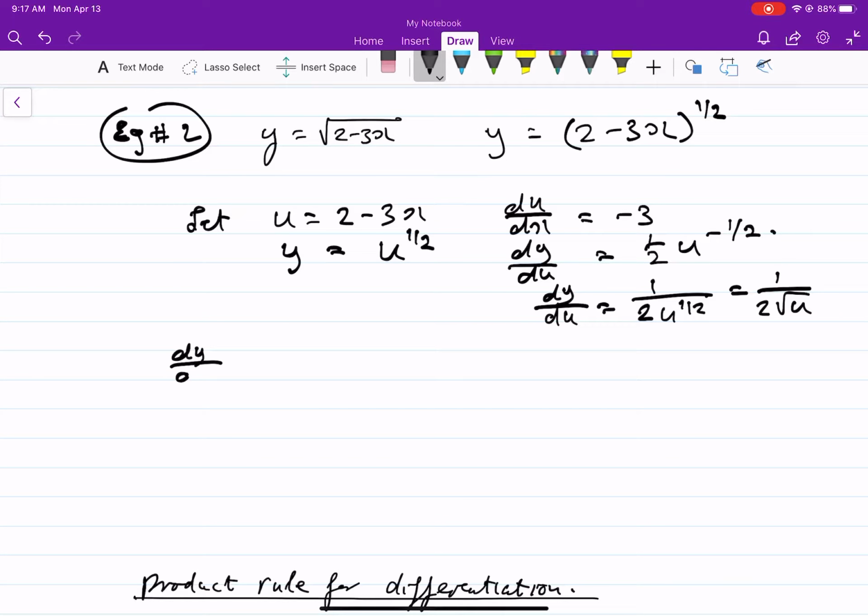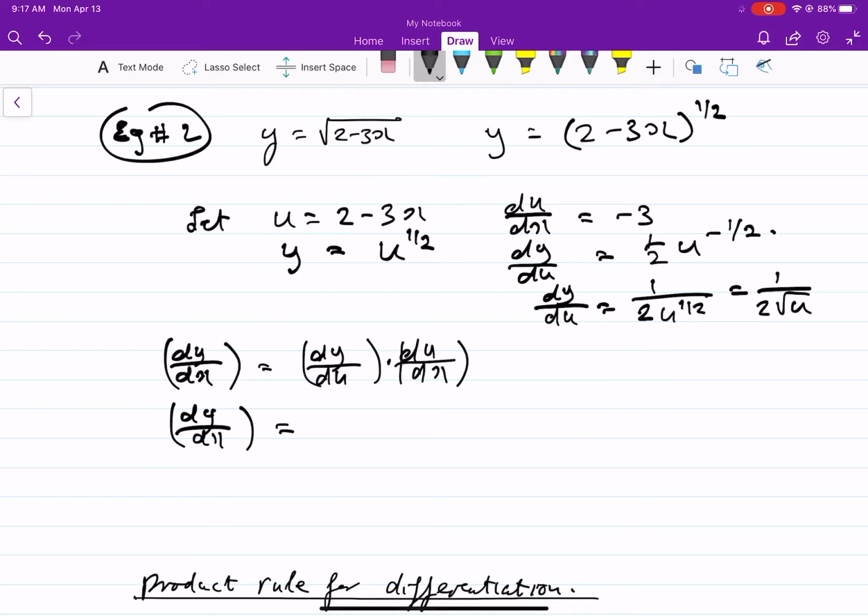Dy dx is equal to dy du times du dx. Dy dx is equal to dy du, that's 1 upon 2 root u times du dx, which is negative 3. This becomes minus 3 upon 2 times the square root of u.